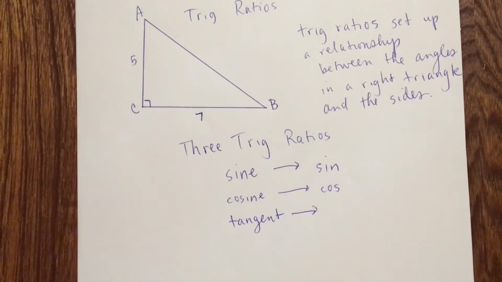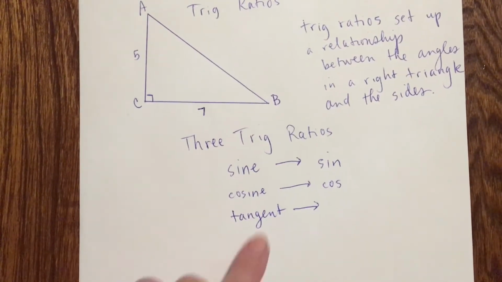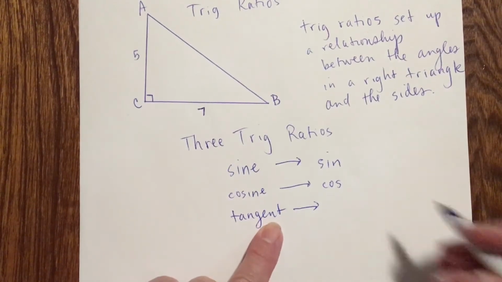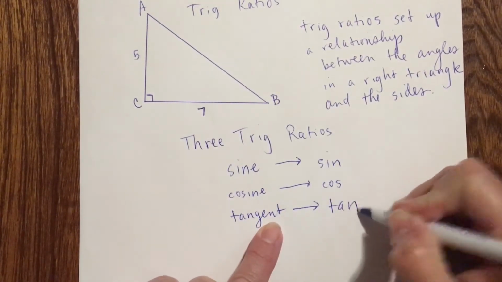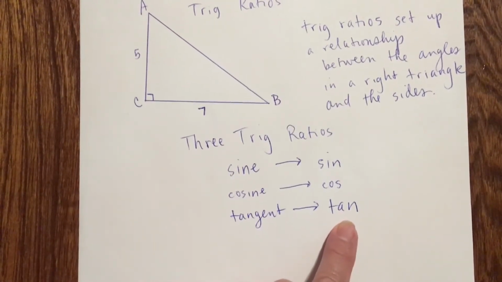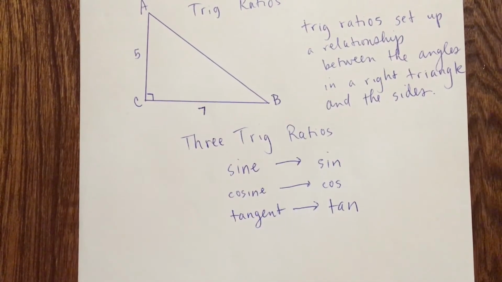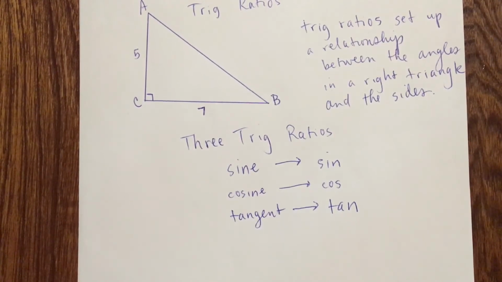That's the 3 we're going to look at in this part of the book. Tangent is abbreviated T-A-N. Now, I wouldn't read that tan. Read tangent. And when we're looking at sine, cosine, tangent, there's got to be an angle attached to it.